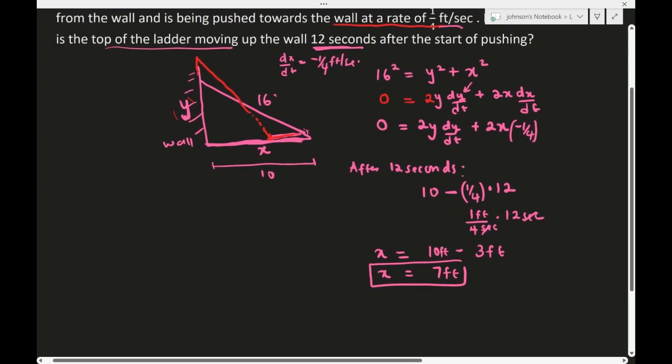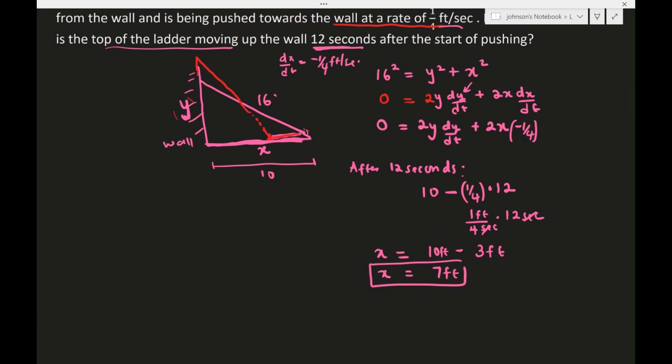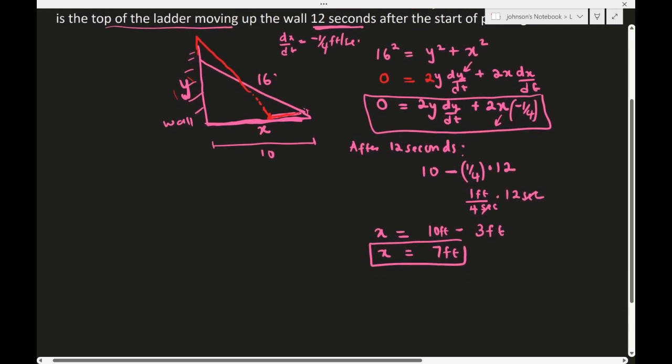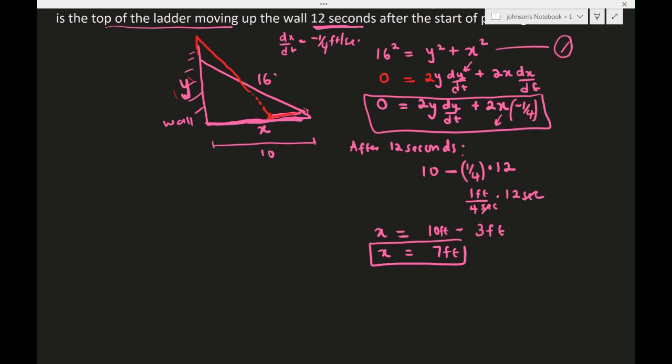Okay, so now let's continue. If you look at this now, you have your x. What do we know? We know x now. After 12 seconds, this value of x will be 7 feet. And if we know the value of x, we can definitely know the value of y, right? Because here we already have an equation. Let's call it equation 1, and this equation relates both x and y.